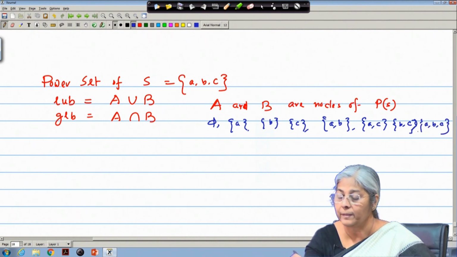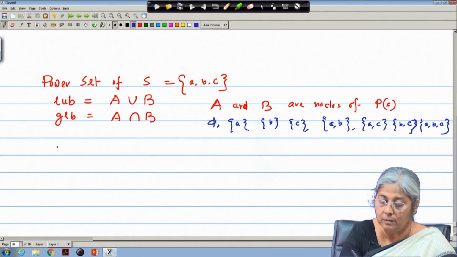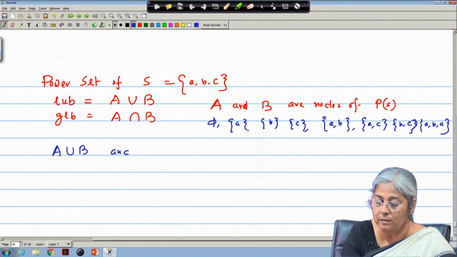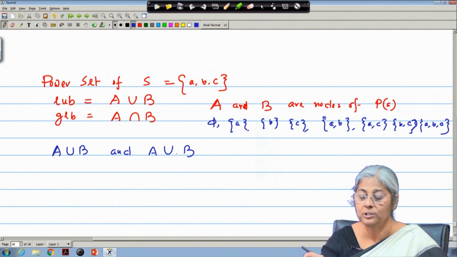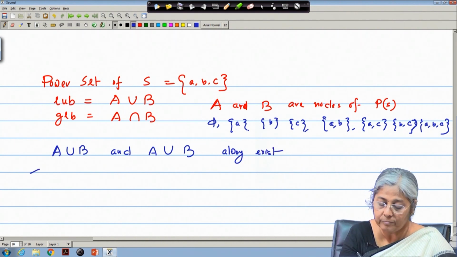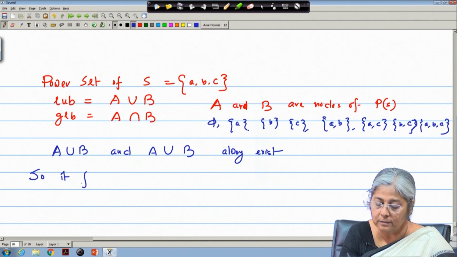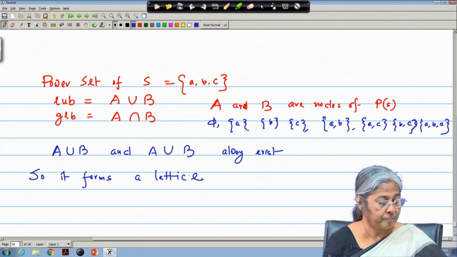So, always A intersection B and A union B exist, that means GLB and LUB always exist. So, it forms a lattice.